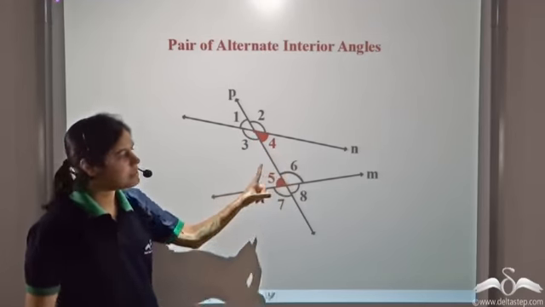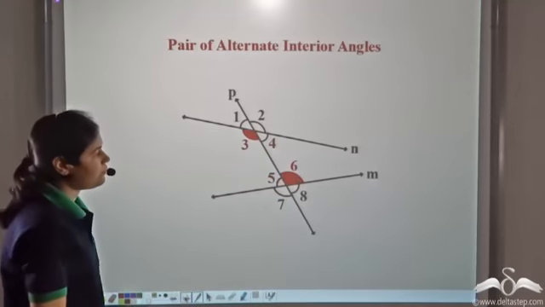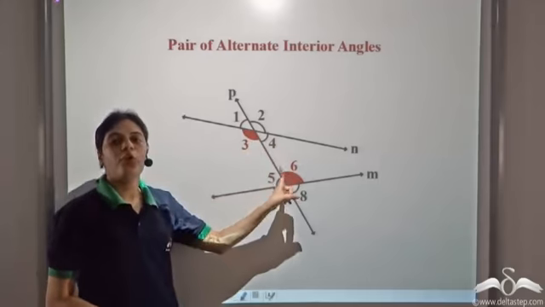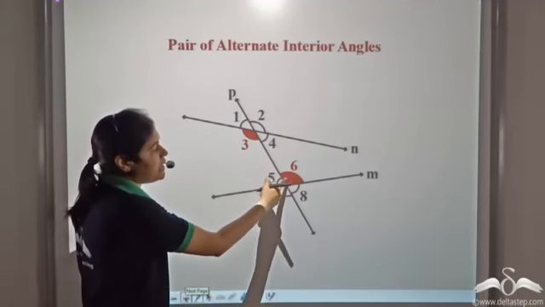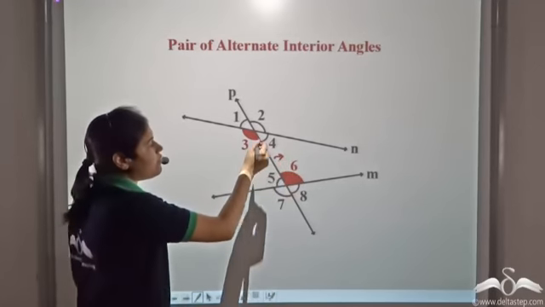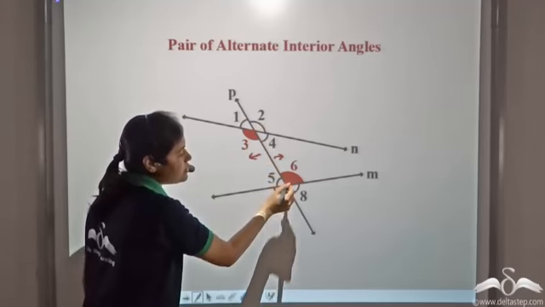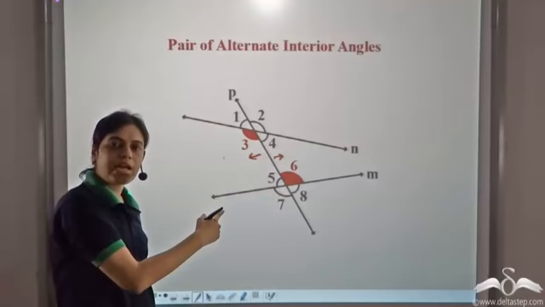Now even 3 and 6 form a pair of alternate interior angles. So 3 and 6, they lie on the opposite sides of the transversal. They are formed on different vertices. And obviously, as we can see, they are interior angles.